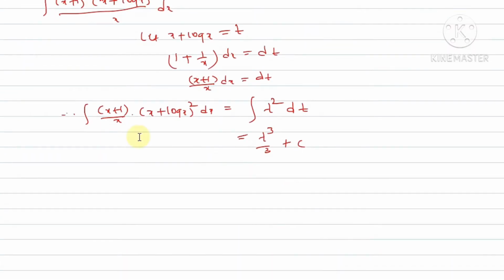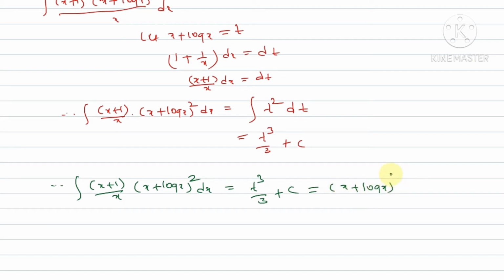Therefore the integration of x plus 1 upon x into x plus log x whole square dx is t cube by 3 plus c. What is t? t is nothing but x plus log x, so the answer is x plus log x whole cube upon 3 plus c.